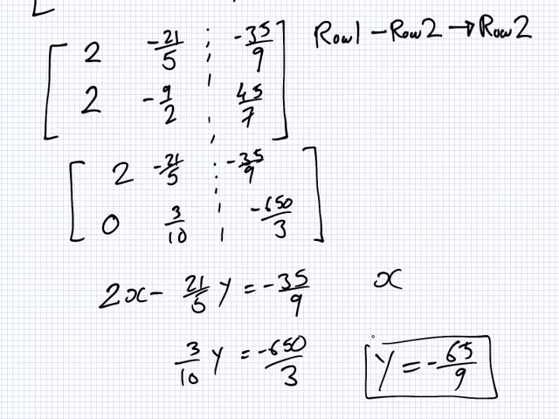And here, if I put that in, I get 2x equals minus 35 over 9 plus 21 over 5 times the y. So I have the number on my calculator for 2x. So I'll divide it by 2.